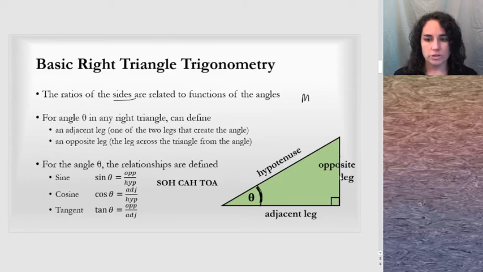So if I knew the measure of the opposite leg and I knew the measure of the hypotenuse, I would just take that ratio. And that's what the sine is. The cosine is the adjacent over the hypotenuse, so I take the length of the adjacent leg over the hypotenuse, and the tangent is the opposite over the adjacent. So I get these three relationships. This is reduced down to the mnemonic SOHCAHTOA so that you can remember which of the legs of the triangle go together for which trig function.